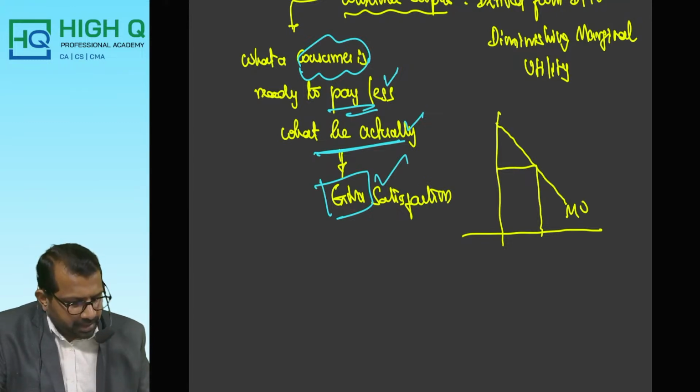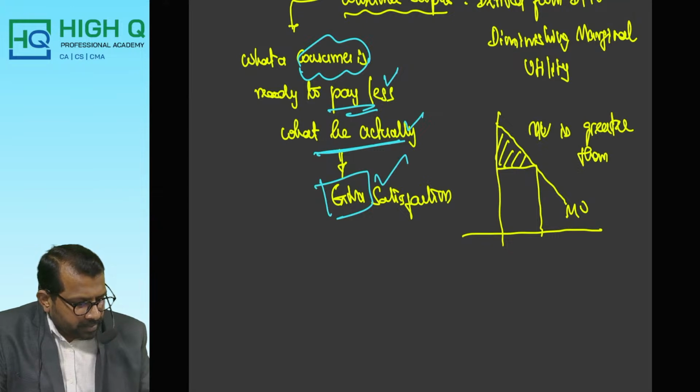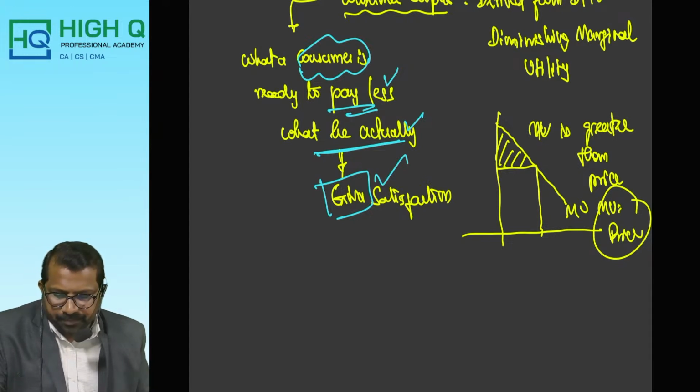Marginal utility, the shaded area, is always MU greater than price, therefore MU equal to price.